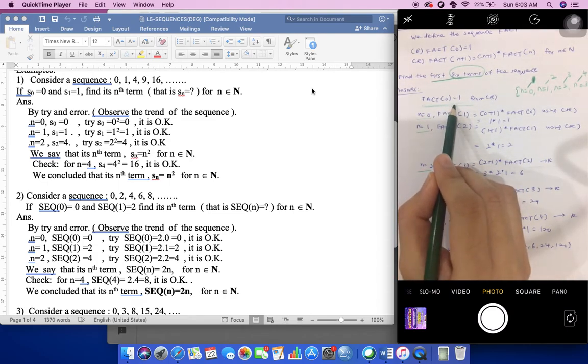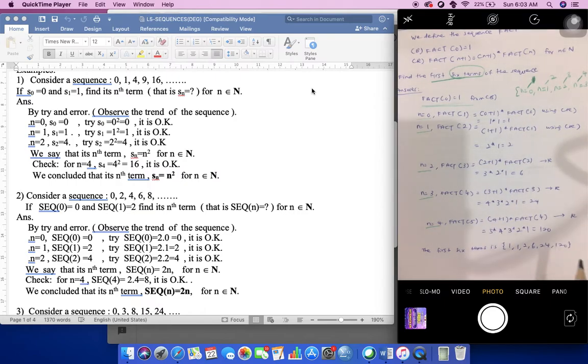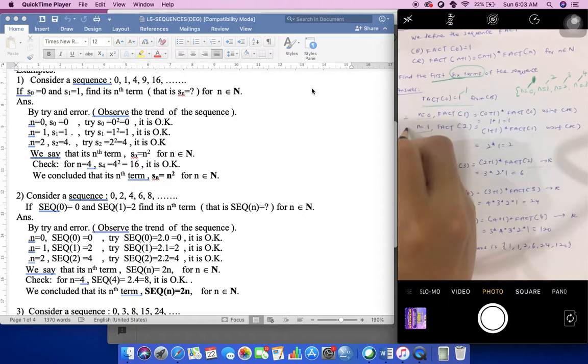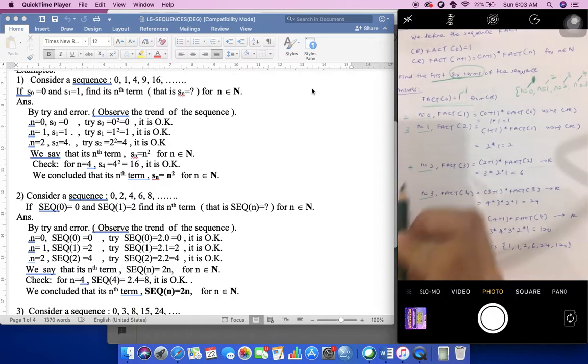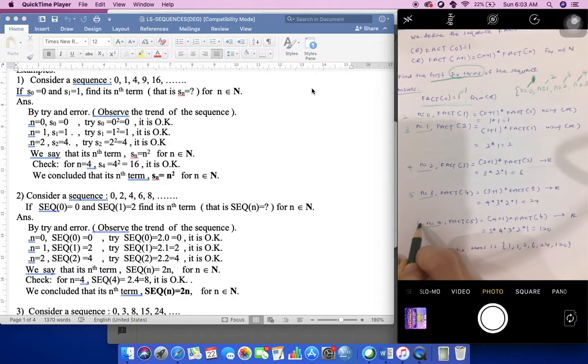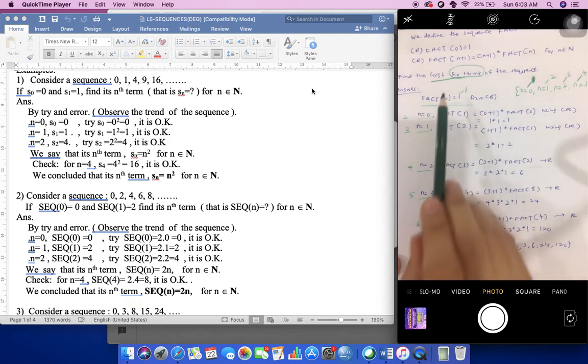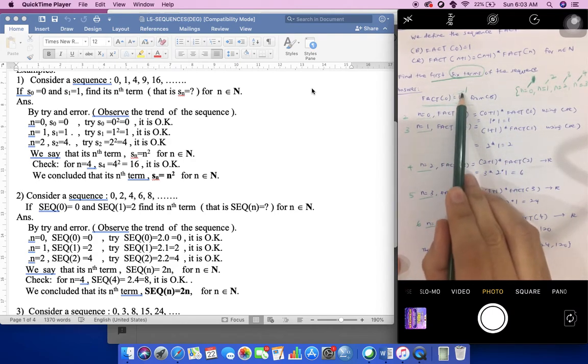So this is our first term, second, third, fourth, fifth, sixth term. For the first term, we already know it is equal to 1.